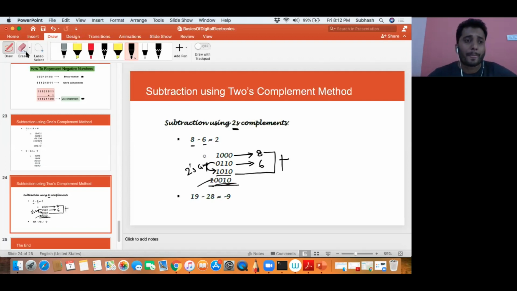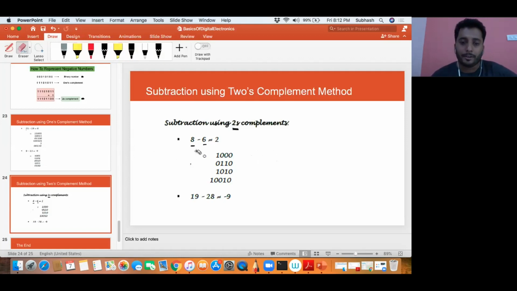Now, the second one. How will you do the second one? The same way that we did for ones complement; the only difference is that we now find the twos complement instead of the ones complement. So how do I do it? Keep the first number as it is in binary.